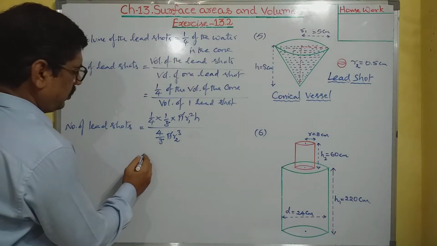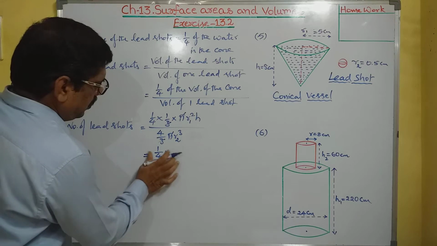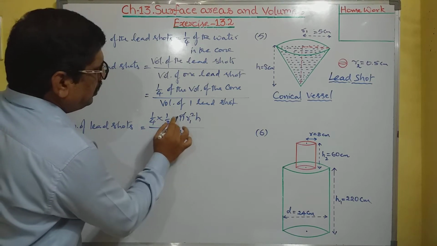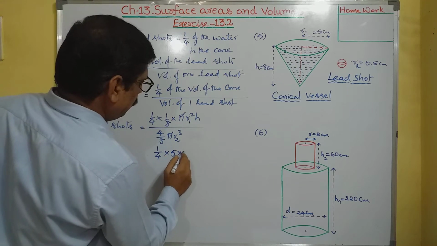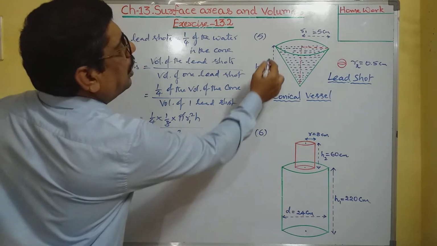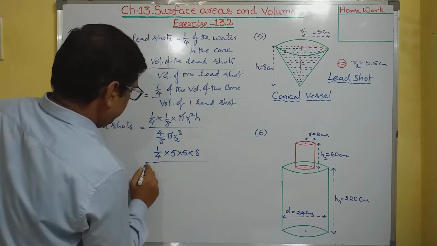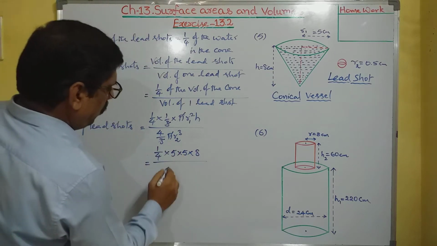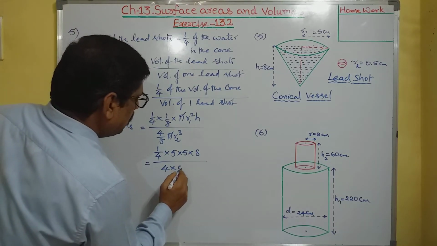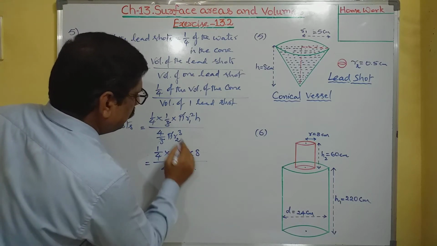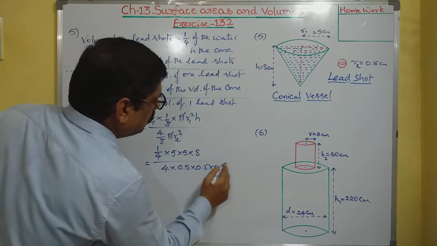Now let us substitute: 1 by 4 into r1 square, r1 is 5 centimeters, so 5 into 5, and the height of the cone is 8 centimeters, by 4 into r2 cube. The radius of the lead shot is 0.5, so 0.5 into 0.5 into 0.5.